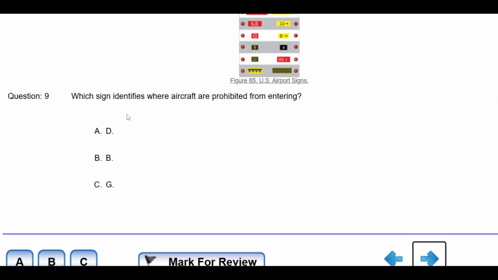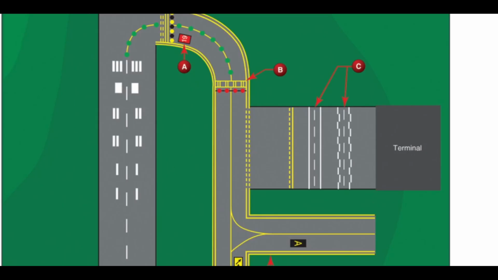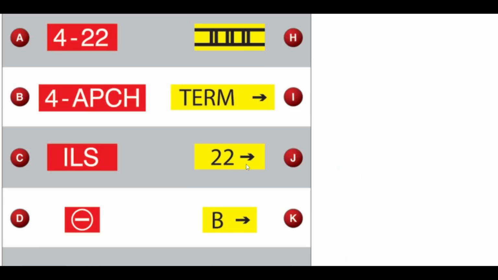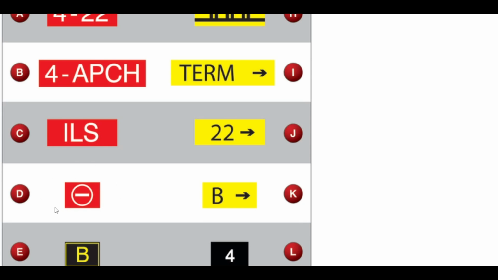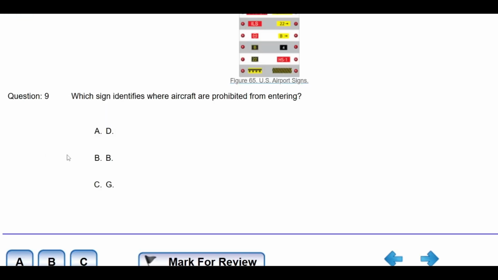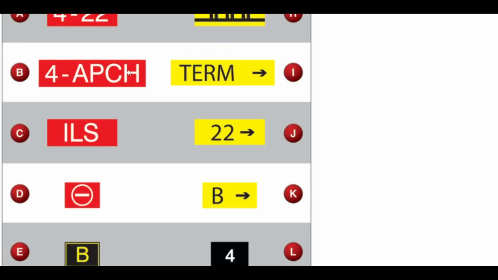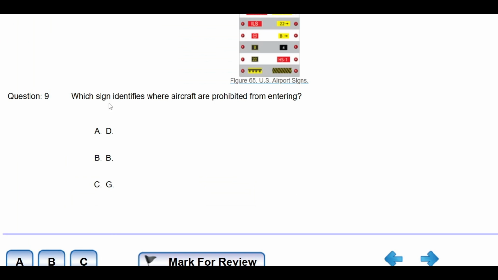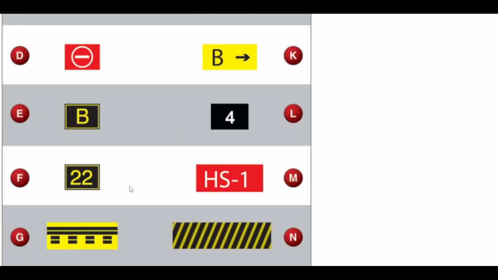Which sign identifies what area is prohibited from entering? D, yes, you are prohibited to enter here. Let's go to B. B, no, this is just an ILS approach. Or G, no, that's hold short.